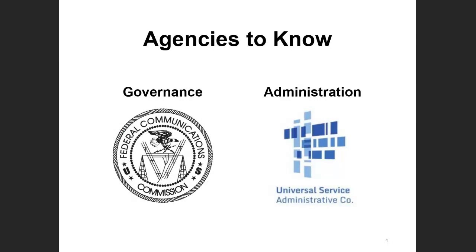They make up the rules and they are the final authority on what goes or not with this particular program. Daily administration, including preparing the various forms to be filed, processing forms, handling just the day-to-day tasks to operate the program, will be the Universal Service Administrative Company, or USAC. So again, you're just going to hear FCC and USAC a lot.